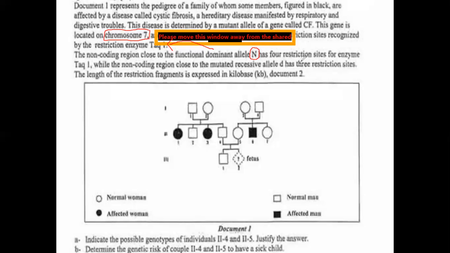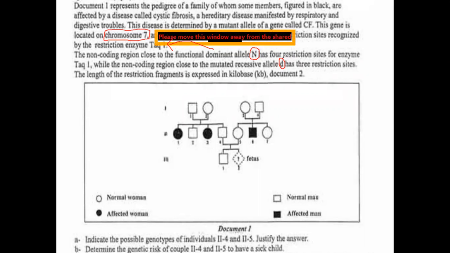It has 4 restriction sites for the enzyme TAC1, while the non-coding region close to the mutated recessive allele, symbol D small, has 3 restriction sites. The length of the restriction fragments is expressed in kilobase in document 2.